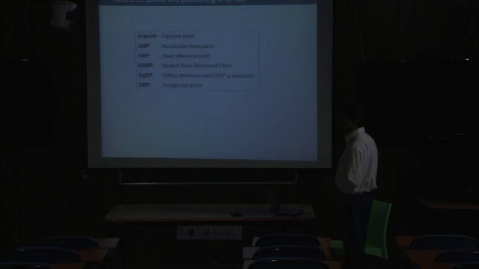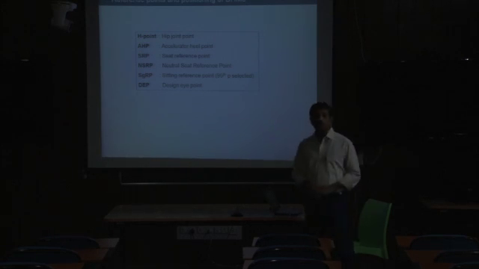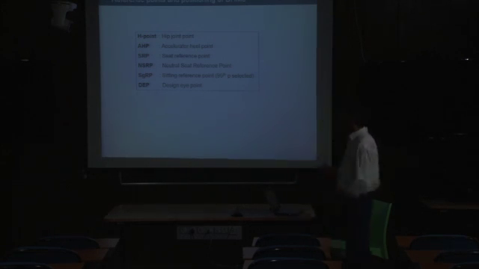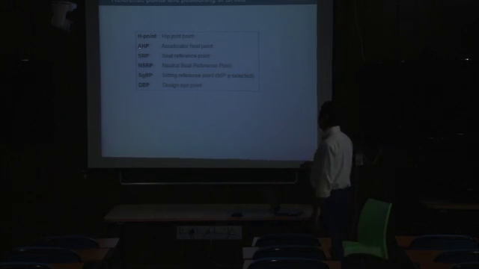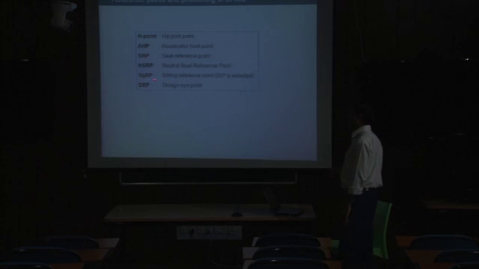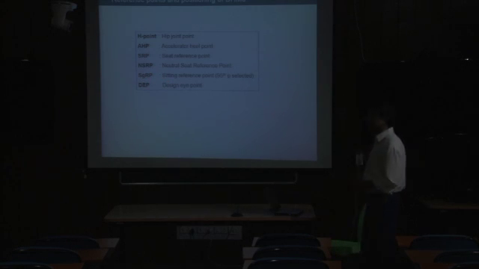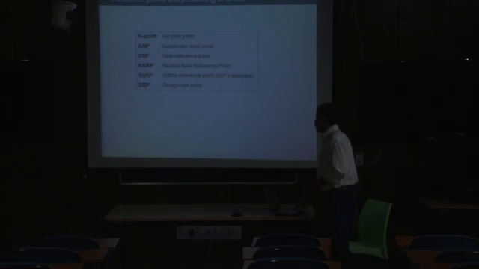These reference points are important for positioning the digital human model in workstation. So first one is H point or hip joint point. Second, accelerator heel point. Third, seat reference point. Fourth, neutral seat reference point. Then there is sitting reference point, design eye point. We will discuss one by one.